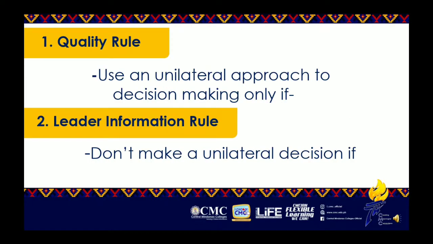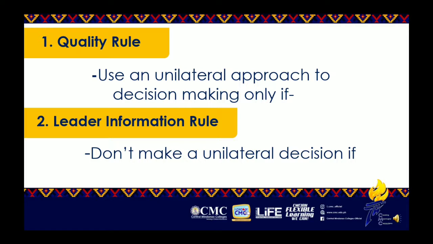Let's discuss first the quality rule. The quality rule uses a unilateral approach to decision making only if the quality requirement is low, or the decision is important and will be readily accepted by subordinates. So in this rule, it should be applied if agreed by the subordinates, even if the decision is based on oneself.